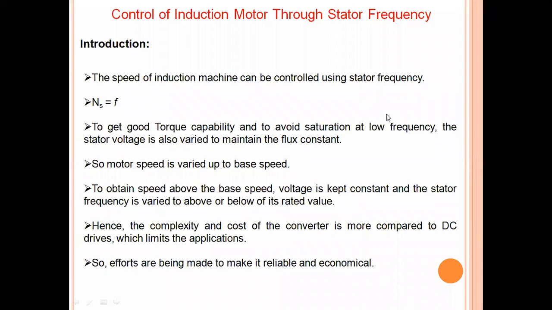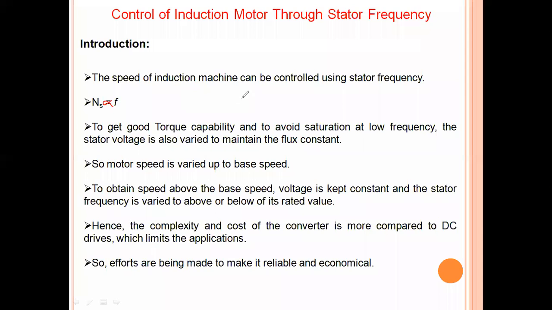So the speed of the induction machine can be controlled with the change in the supply frequency or stator frequency, because we know this is directly proportional. The synchronous speed Ns is directly proportional to the frequency. Ns is the synchronous speed in RPM, which is directly proportional, not equal to, the stator frequency.